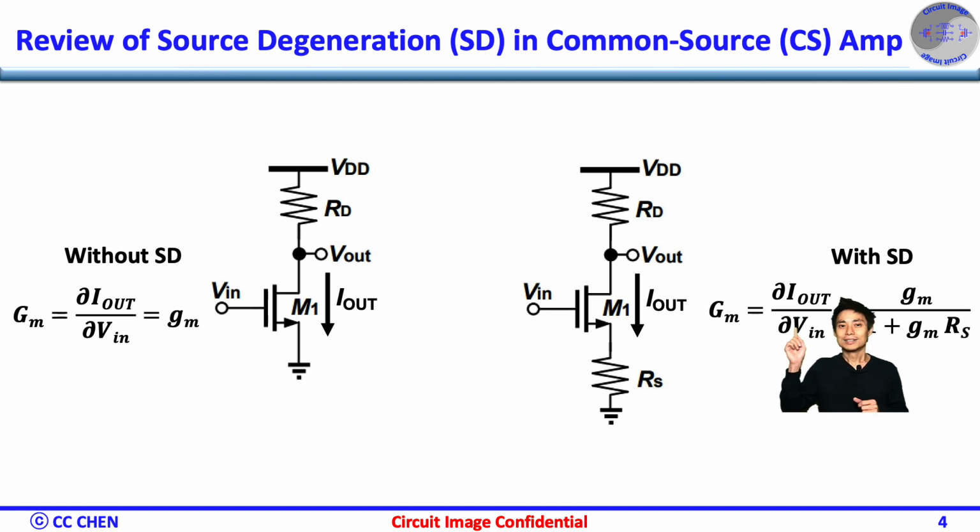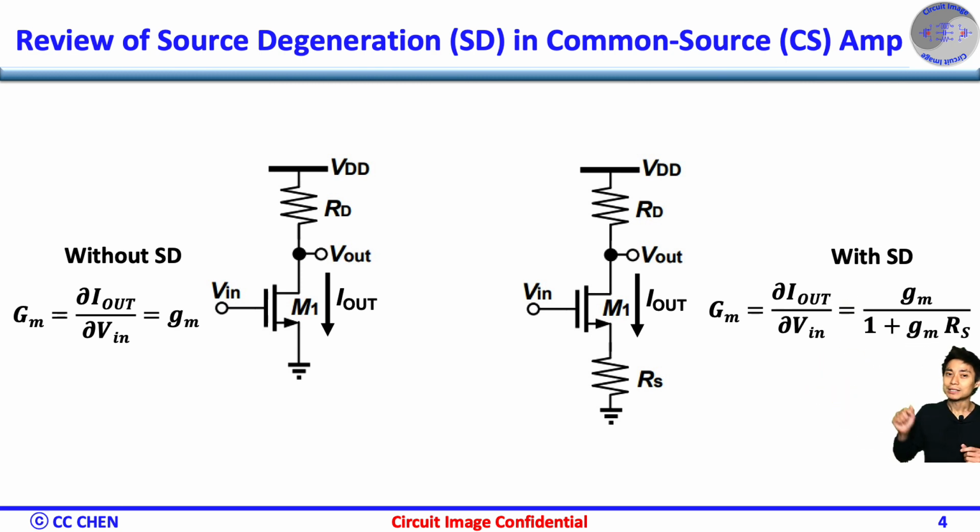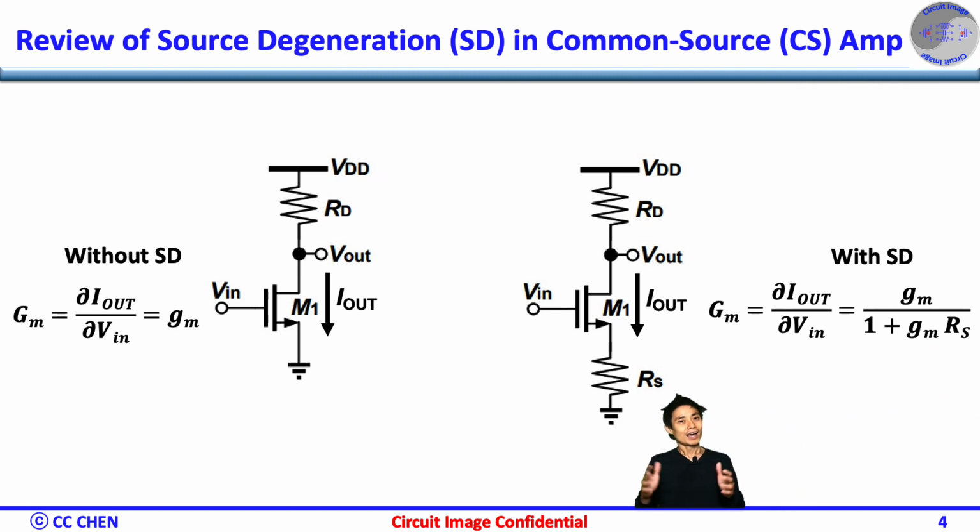So the Gm of the source-degenerated common source amplifier will be Gm divided by 1 plus Gm times RS. After reviewing the Gm of the common source amplifier without and with a source-degenerated resistor, how do we map both Gm values to a high-pass response?